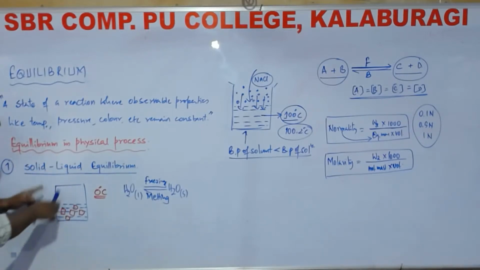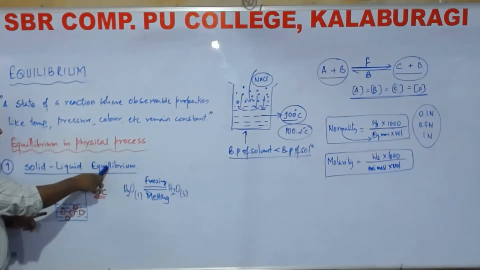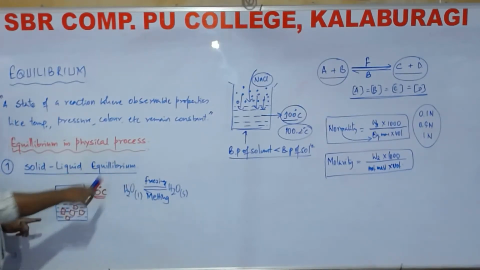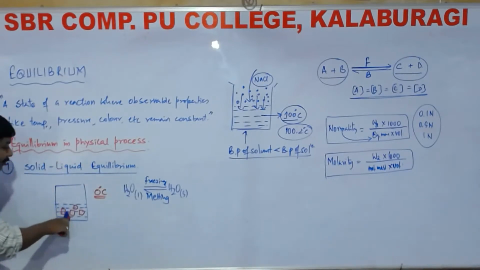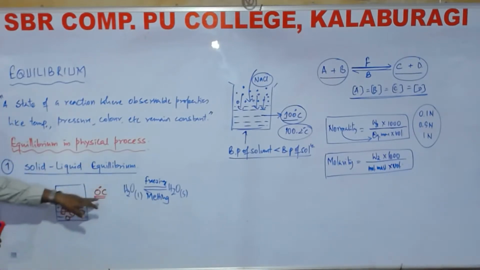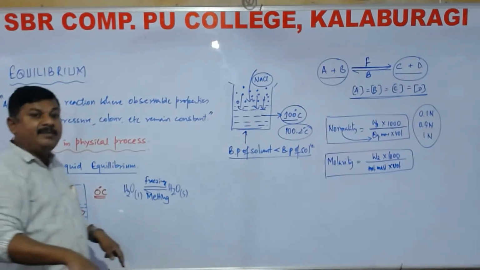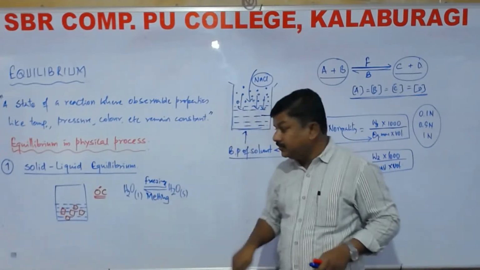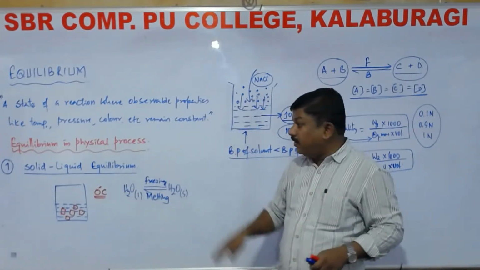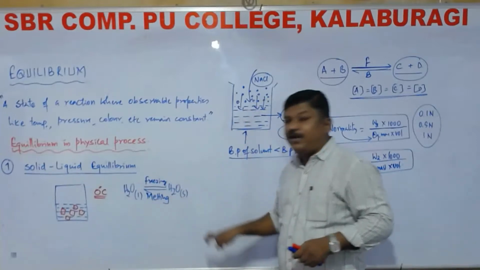When it remains the same, then only it is said that both H2O liquid and H2O solid are at equilibrium. But when temperature is different, when you increase the temperature, what happens? Melting, the backward reaction, takes place. When you decrease the temperature, the forward reaction takes place.